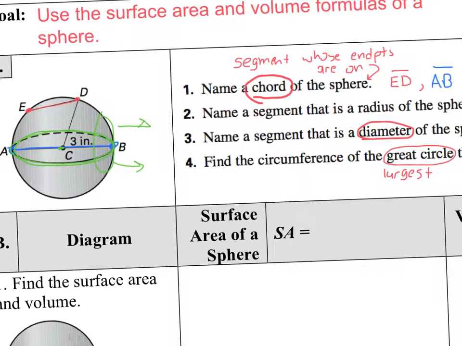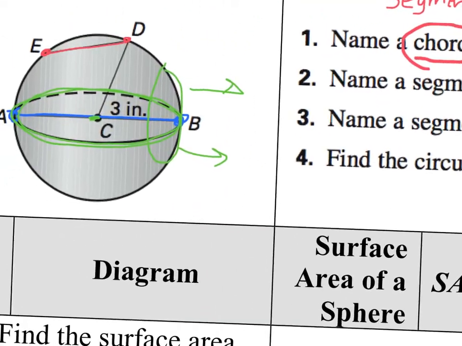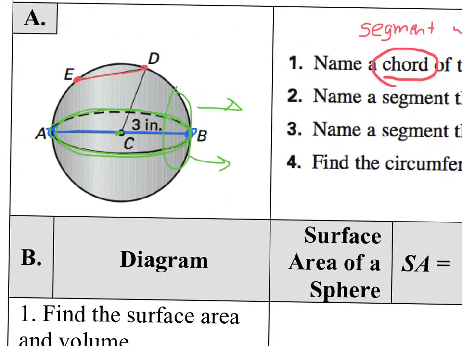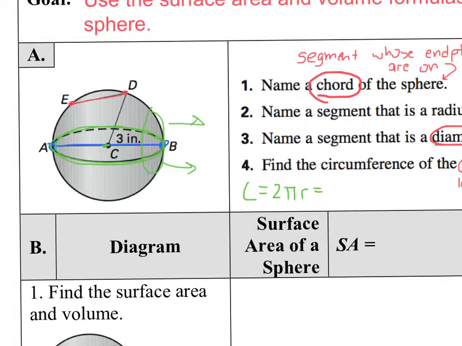So find the circumference of the great circle that contains A and B. Circumference, of course, is just 2 pi r. Interpreting that my radius is 3, because the midpoint of CB is right here, and 3 inches is pretty close to that, all I do is substitute that in. So 2 pi times 3.